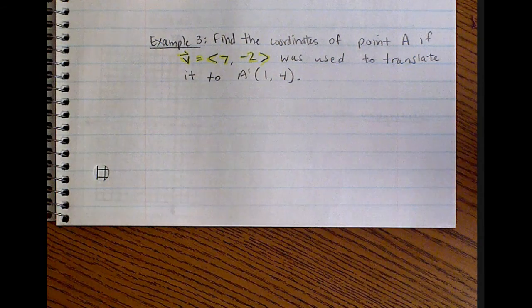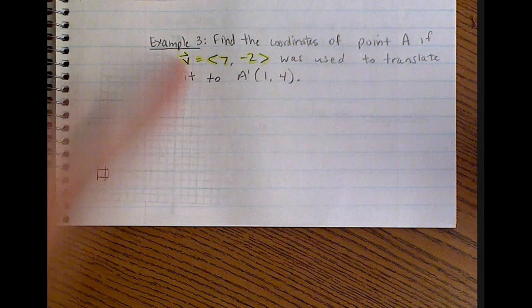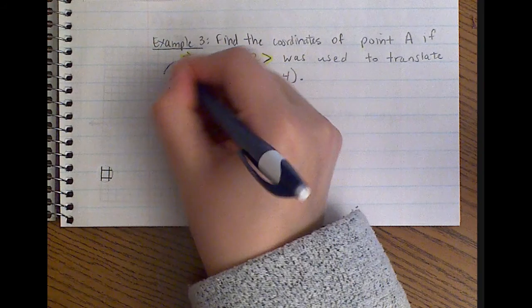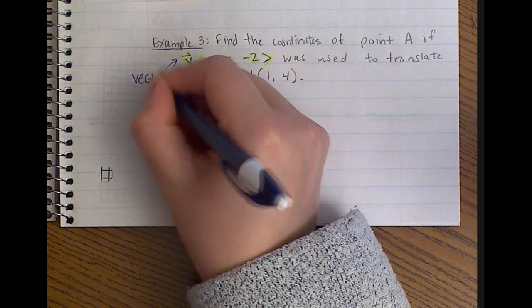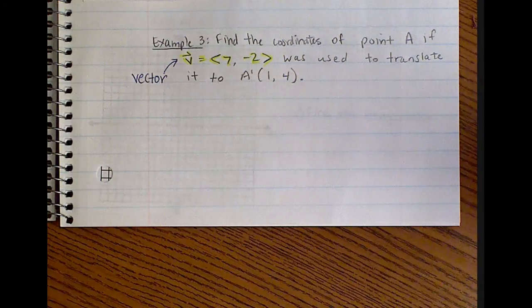Example 3 says find the coordinates of point A if this little symbol here stands for vector. So if the vector is 7, negative 2, if that vector was used to translate it to the image point of 1, 4.